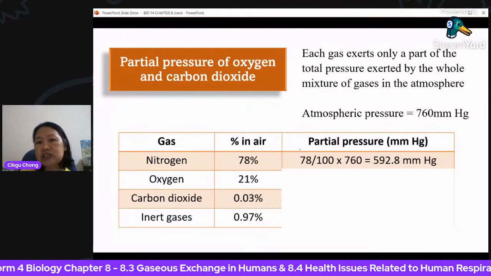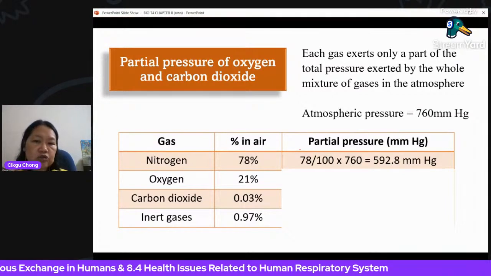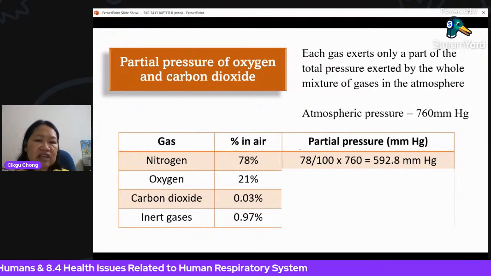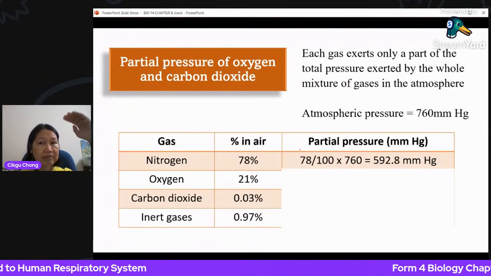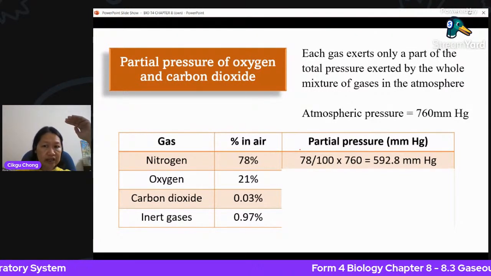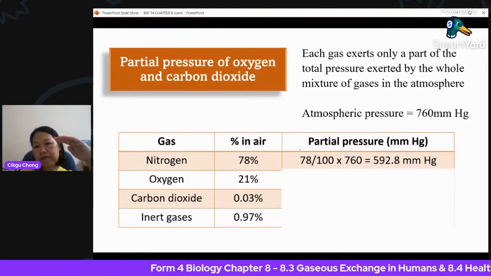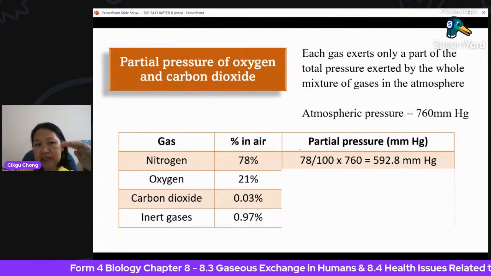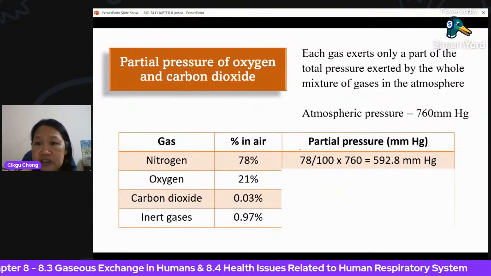That means the pressure of nitrogen is 592.8 millimeters, about 593. So out of the 760 millimeters of mercury, about 592 millimeters is the pressure that comes from nitrogen.